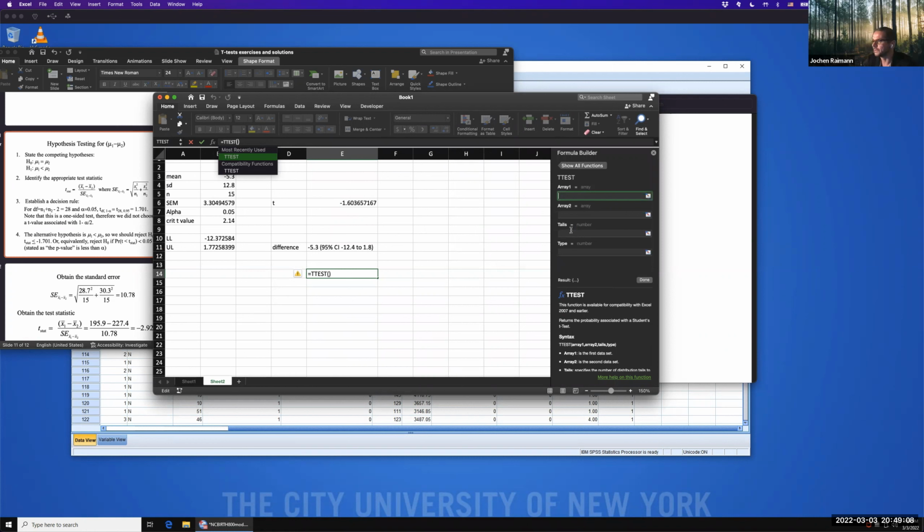It will ask you here for the type. It also asks you for the number of tails. So you say 2 tails, and here it will ask you whether.